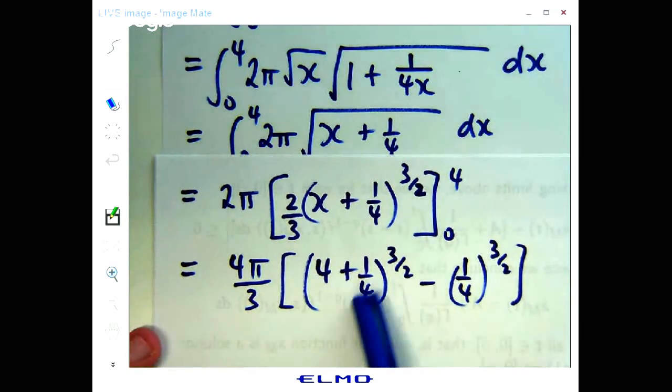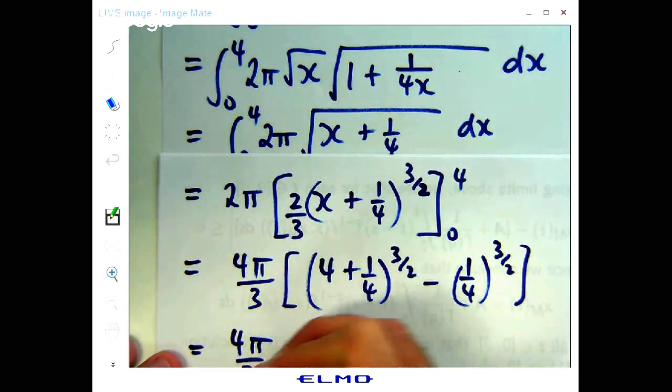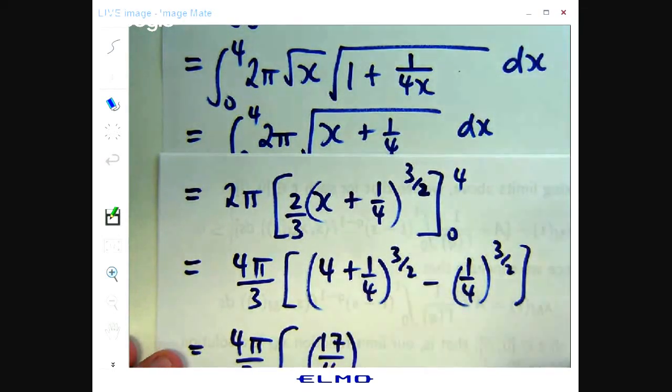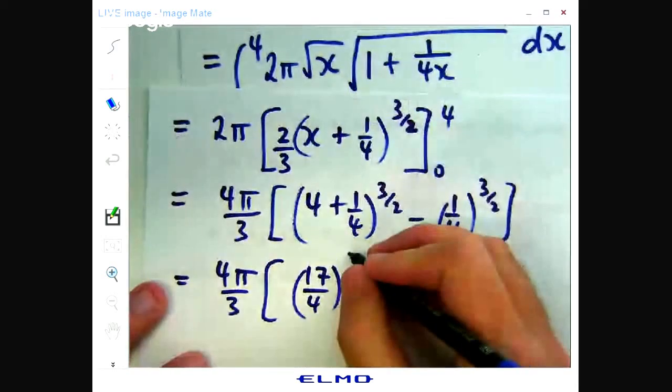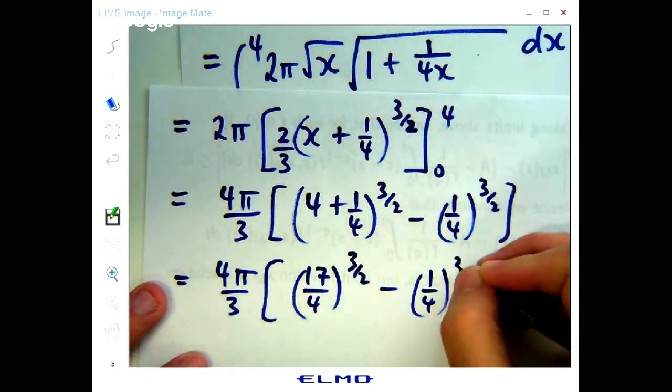Okay, so this will give you 17 on 4 to the 3 on 2 minus 1/4 to the 3 on 2.